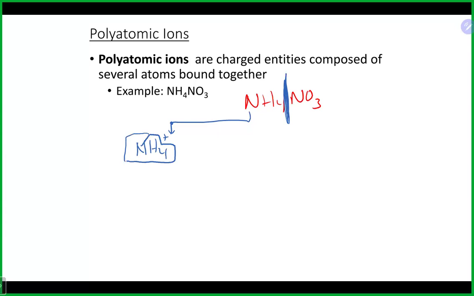They're all held together by sharing of electrons. Overall, it has only a +1 charge. If you take a look at the NO3 on this side, that is NO3−. That one nitrogen and three oxygens are also sharing electrons and staying together. And the overall unit there has a −1 charge.